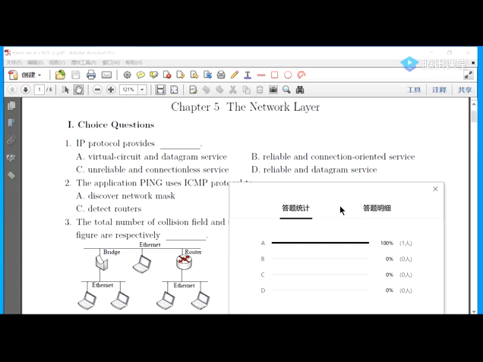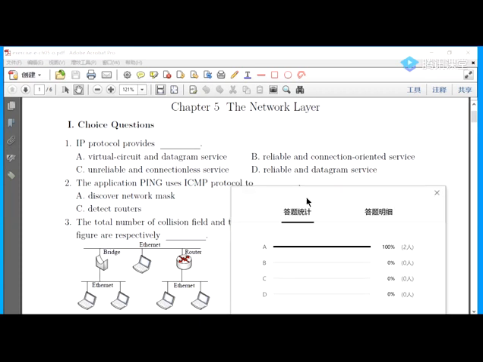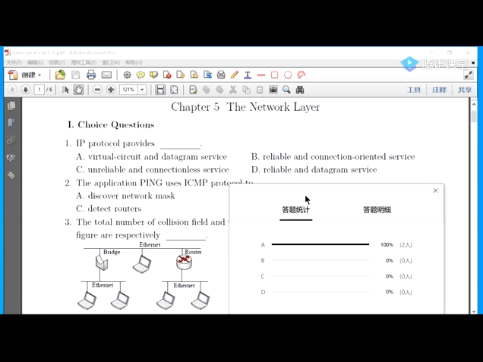Question 1. Okay, please take part in answering the questions actively.